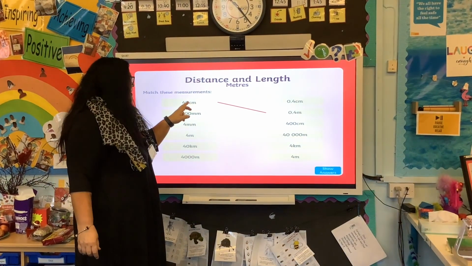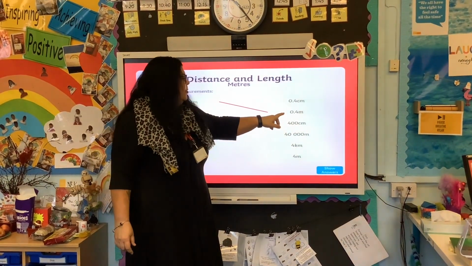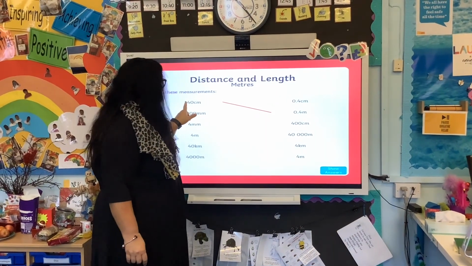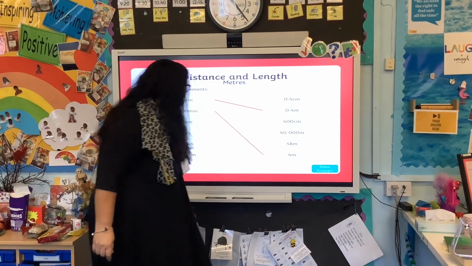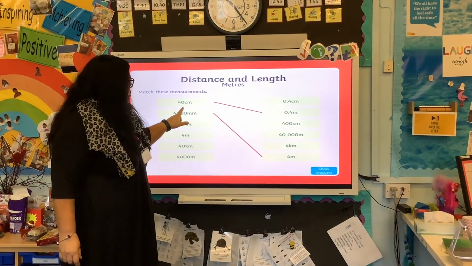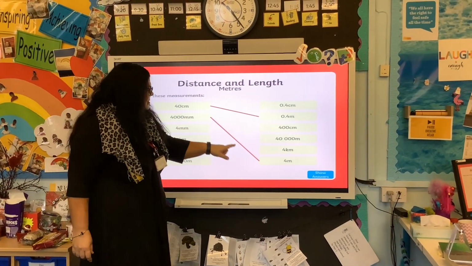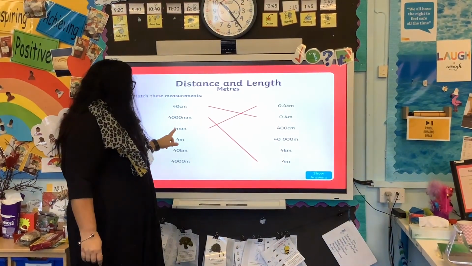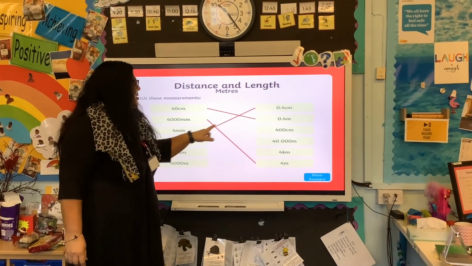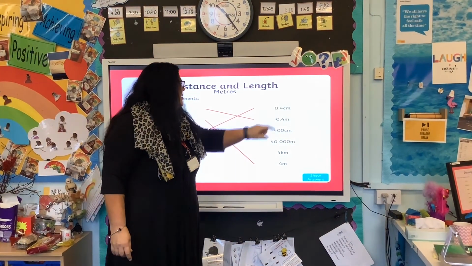40 centimetres is 0.4 metres, because remember there's 100 centimetres in a metre. We've got 4,000 millimetres in 4 metres. We've got 4 millimetres equals 0.4 centimetres.